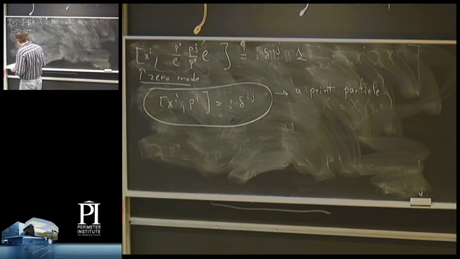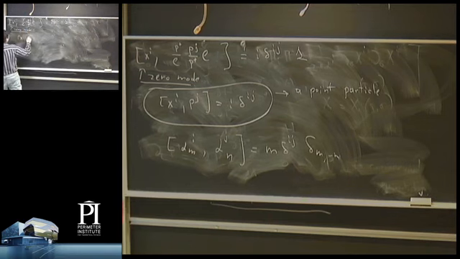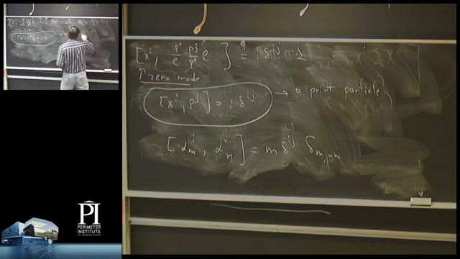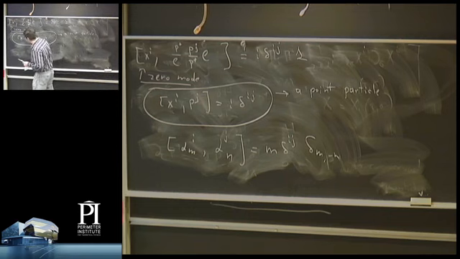What you'll find out here is that everything cancels, and you're back to a familiar commutation relation. So this is a commutation relation for a point particle, with center of mass coordinate x sub I and momentum p sub j.